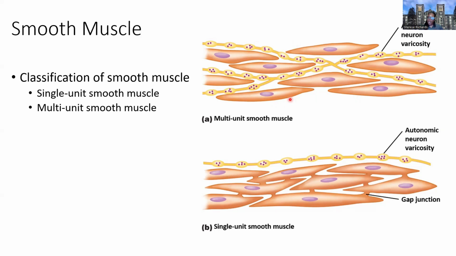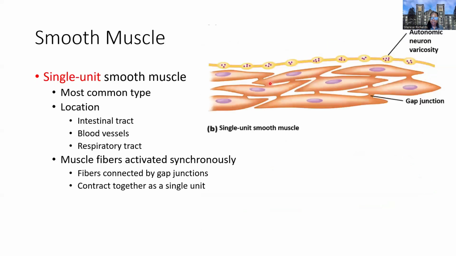So this muscle is not acting as a single unit. Rather, each cell is behaving as its own individual unit, and it's being innervated separately and will contract and relax independent of the other cells. So the two types of muscle are single unit and then multi-unit.